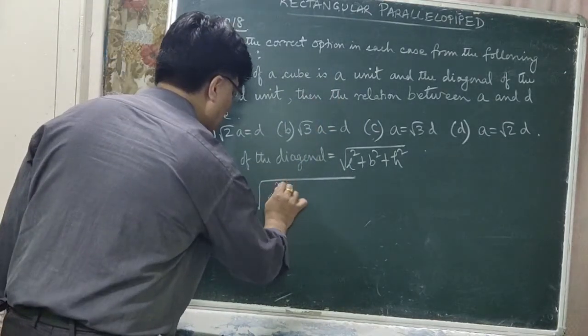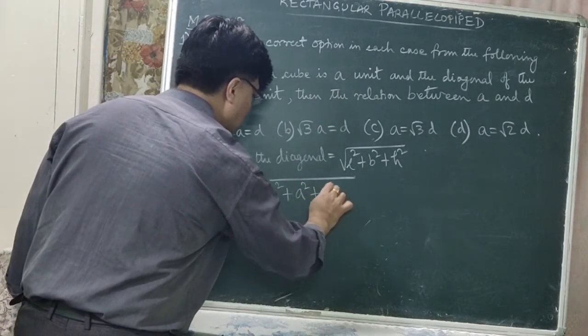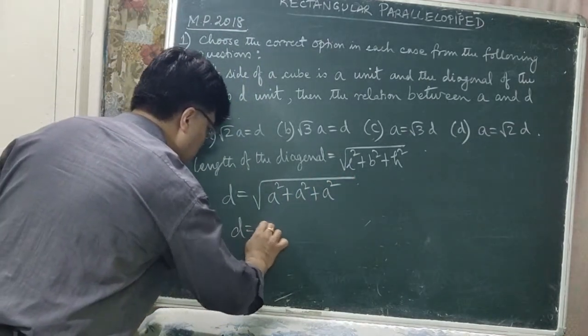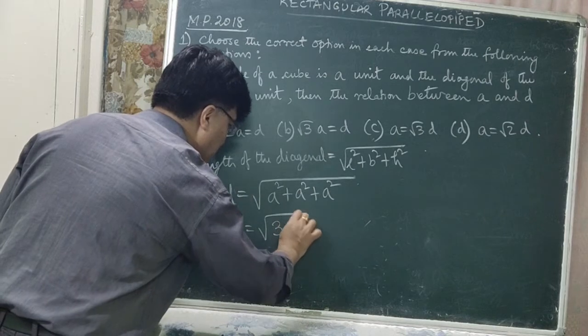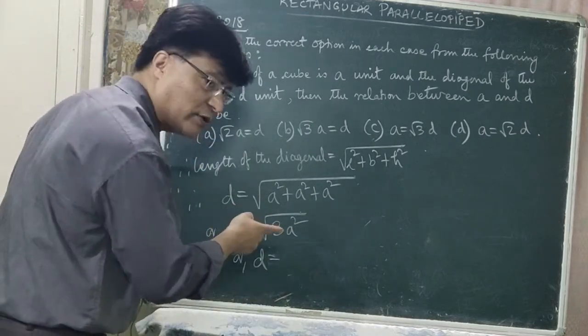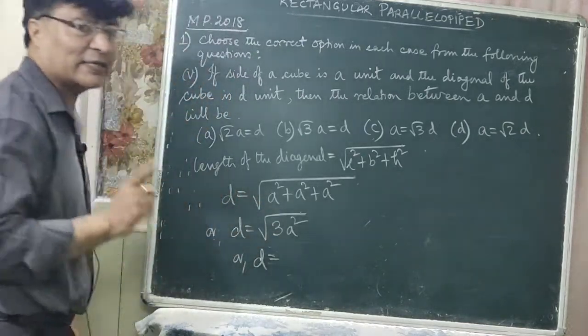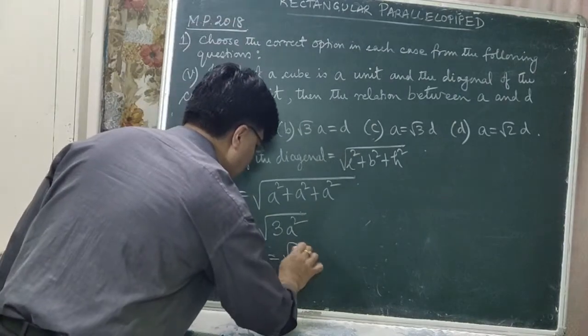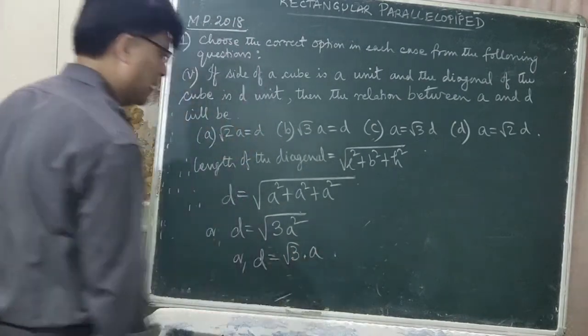That is your a square plus a square plus a square, right? So or d is equal to root over 3a square, or d is equal to, you can get the square root of a square, which is a, but you cannot get the exact square root of 3. So keep it as it is. So it is a root 3, or you can write root over 3 into a.